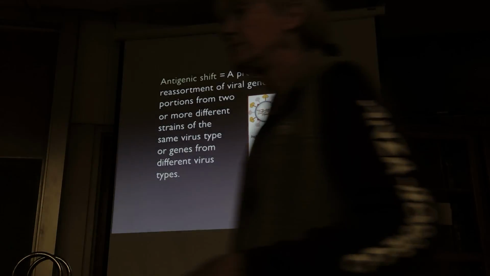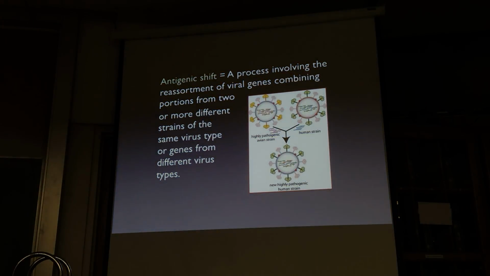And then influenzas pass from birds to humans. I believe that the 1918 influenza epidemic, which killed a very large number of people, originated as swine influenza. So it was a pig disease, and then it was passed to humans, probably due to antigenic shift.